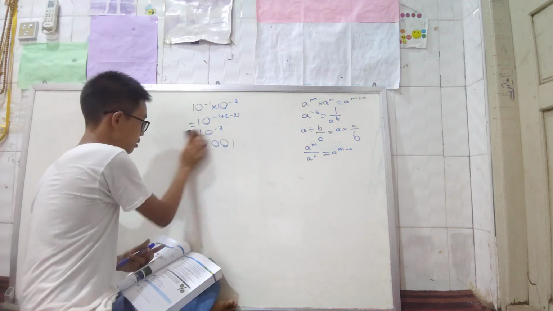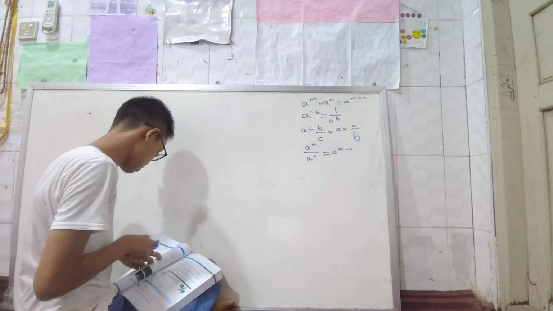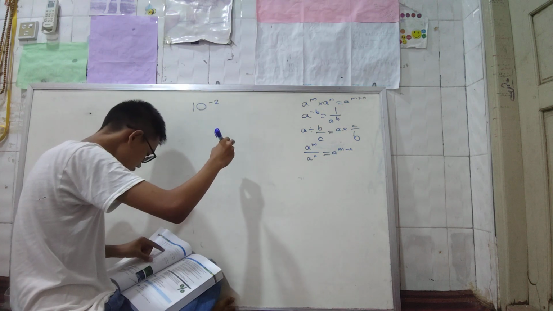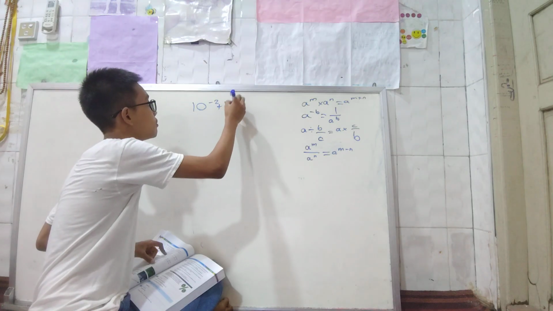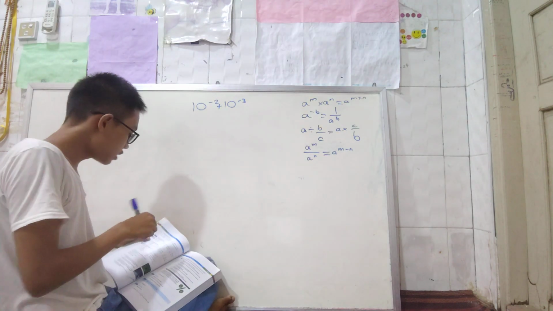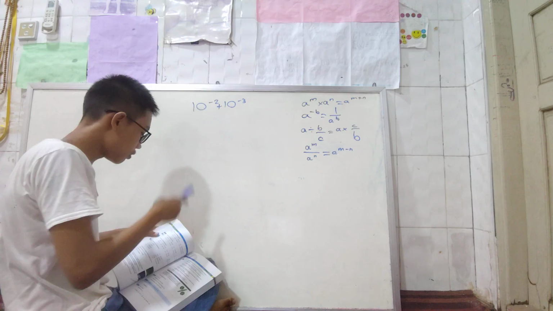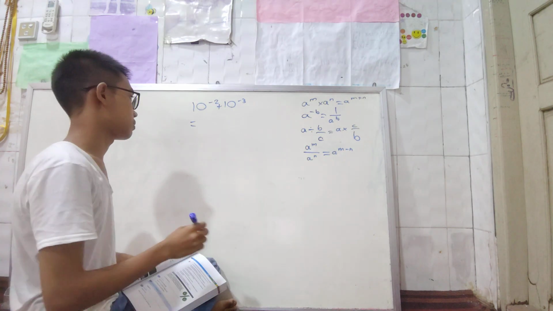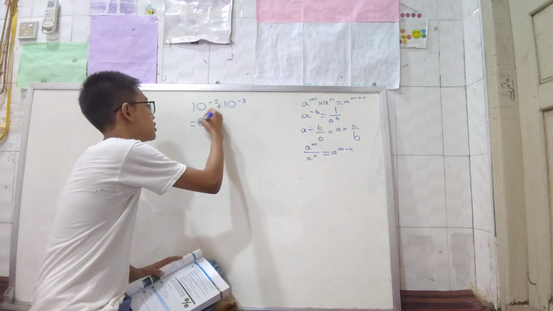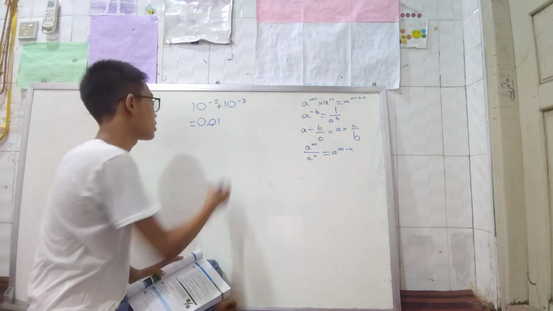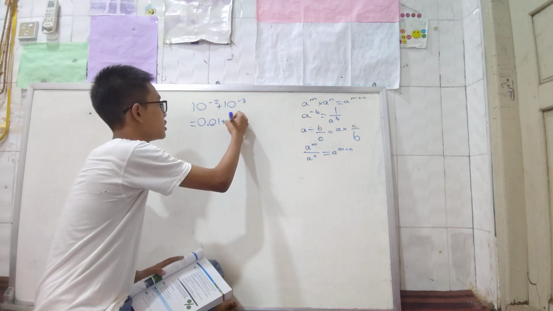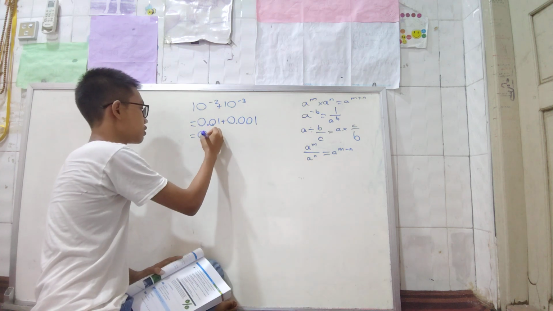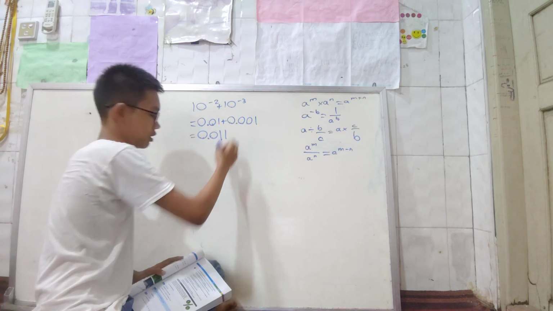What about number 3? Number 3 is 10 to the power of minus 2 plus 10 to the power of minus 3. Since we try to write the value as an ordinary number, we can turn each of these into an ordinary number. It's just addition, right? So 10 to the power of minus 2 is 0.01, and then 10 to the power of minus 3 is 0.001, which is then equal to 0.011.